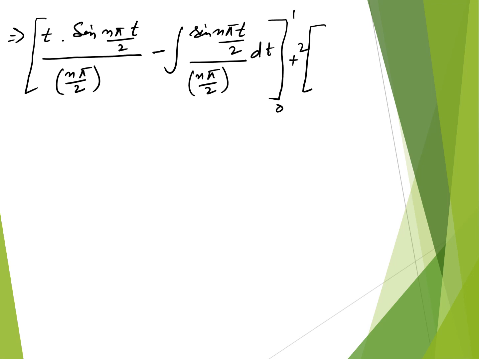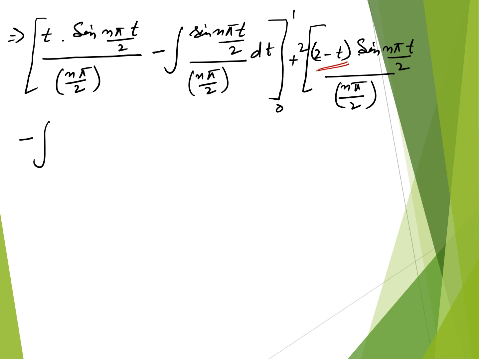We have taken the 2 as common. Then 2 minus t into sine n pi t upon 2 upon n pi by 2 minus integration of the differentiation of this 2 minus t.